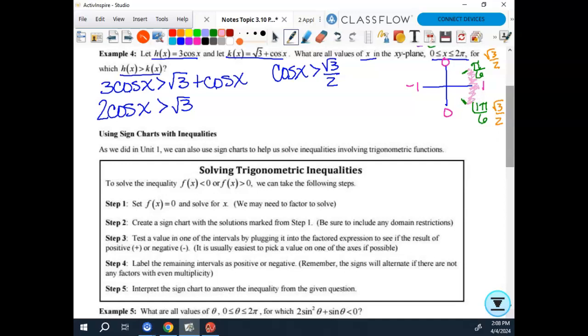Because if I'm on a number line, and I have 0 and 1, and square root of 3 over 2 is here, then if I want something greater than that, I head this way. If I want something less, I head that way. Does that make sense? That's how I know, because I don't have to actually have a value of square root of 3 over 2 in my head or anything.